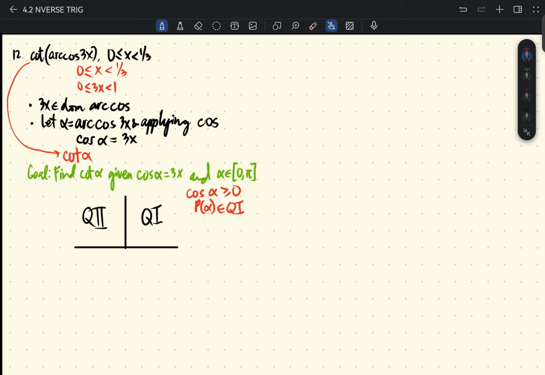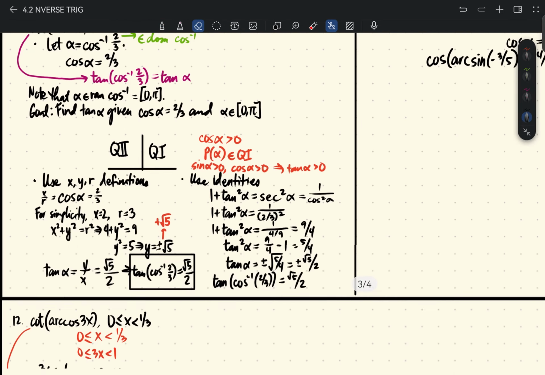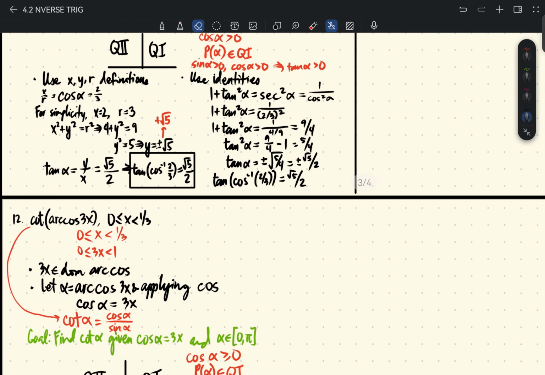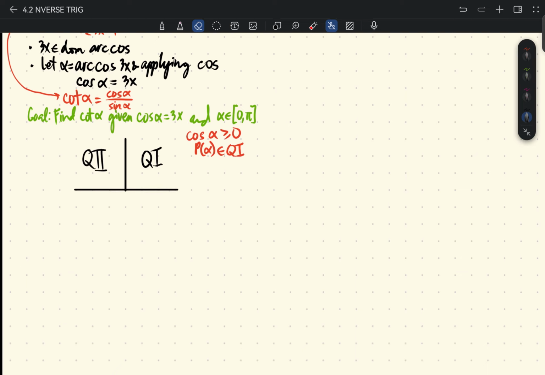Now what we are looking for is cotangent alpha, which is cosine alpha over sine alpha. And for this one, since we used the identities earlier, let's try and use x, y, and r definitions so that we can practice furthermore.